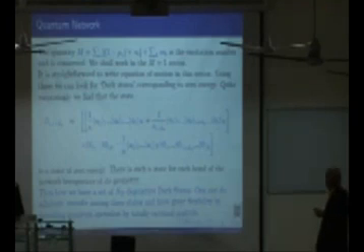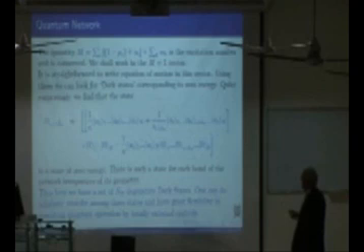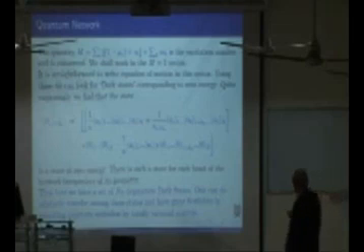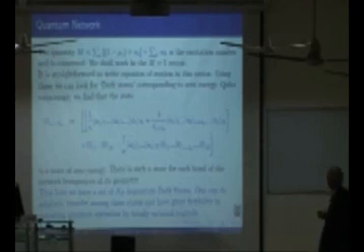And now we will work in the M equal to 1 sector. That is, there is just one excitation, which means either there is one photon or there is one atomic excitation. Okay. So this M is conserved. So if we can manage to be in this sector, quantum dynamics will remain confined to this sector.